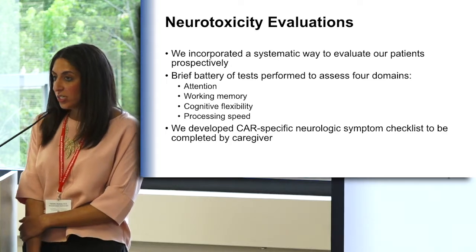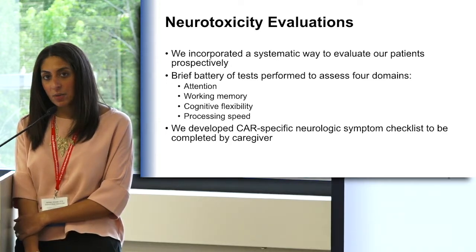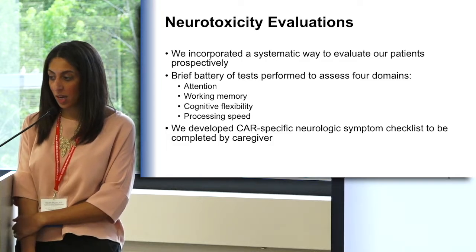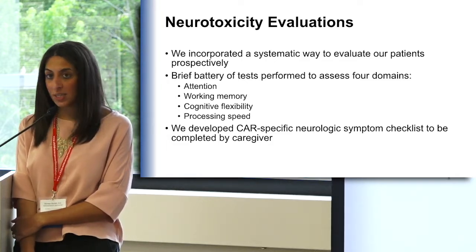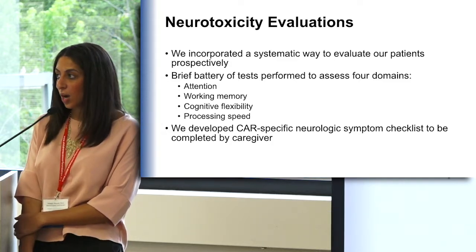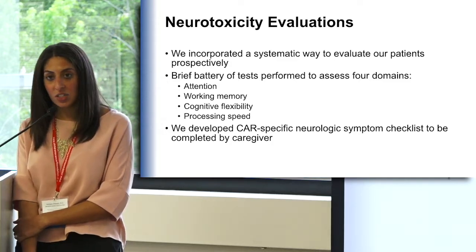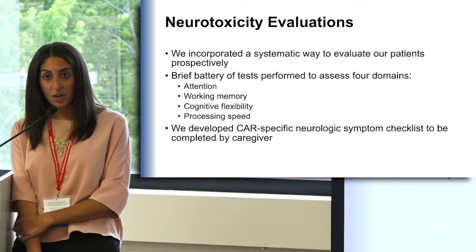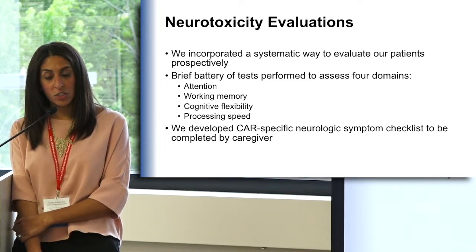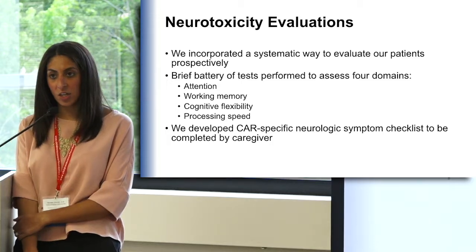In our CD22 study, based on the CD19 data that was available to us, we joined teams with our psychology department and incorporated a systematic way to evaluate our patients prospectively, utilizing neurocognitive assessments, in addition to developing a caregiver report where they would be able to fill it out during therapy to talk to us about some subtle toxicities that the care team might miss.